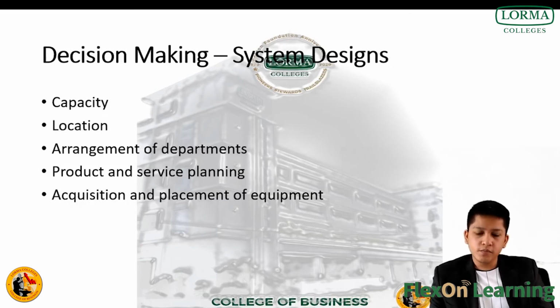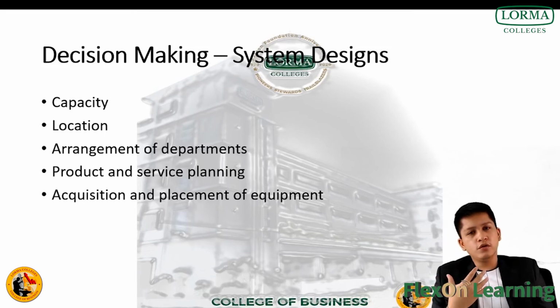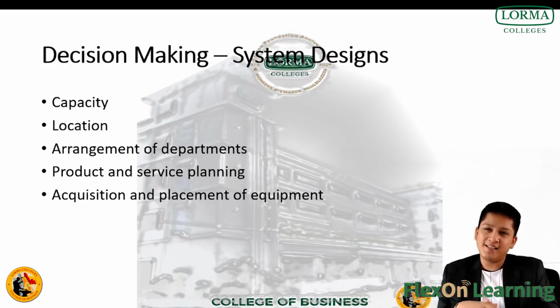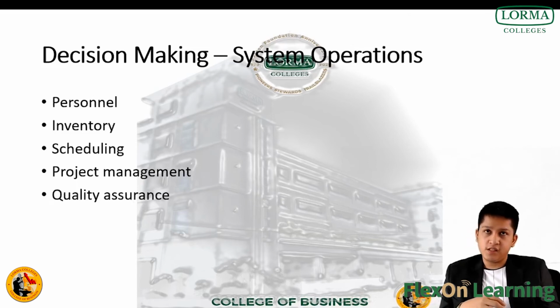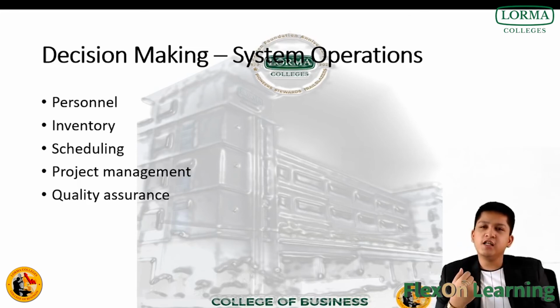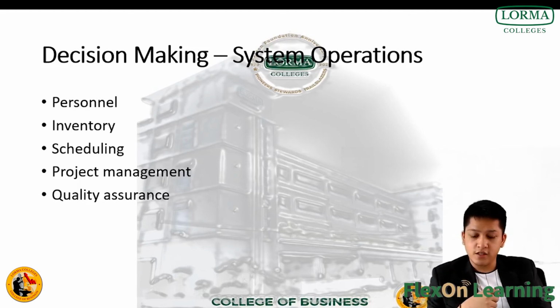So decision making in system design is a process of capacity, location, arrangement of departments, product and services planning, acquisition and placement of equipment. While system operation is composed of personnel, inventory, scheduling, project management, and quality assurance.